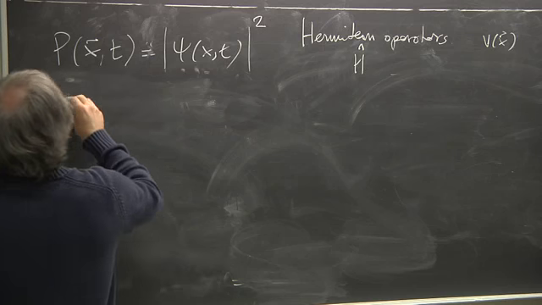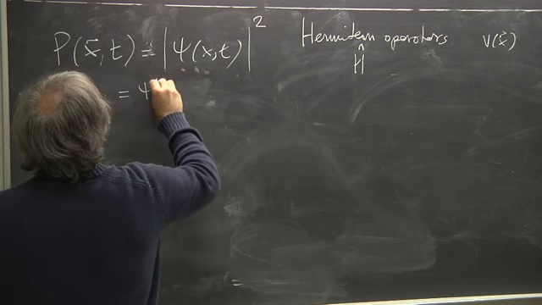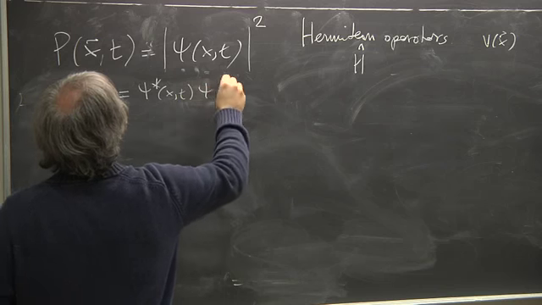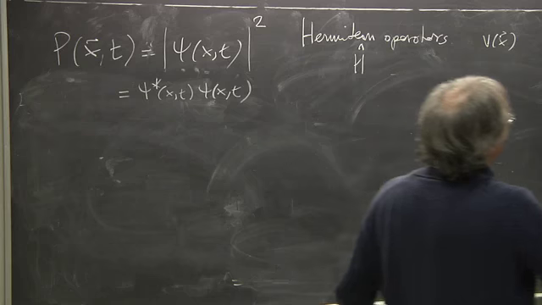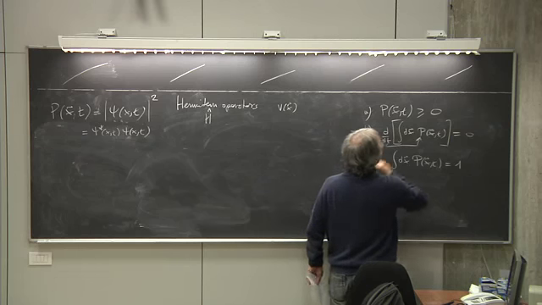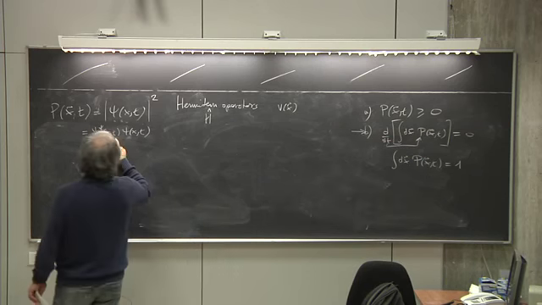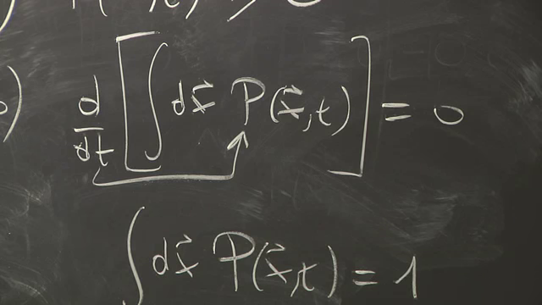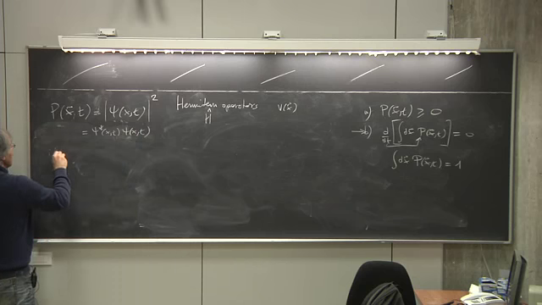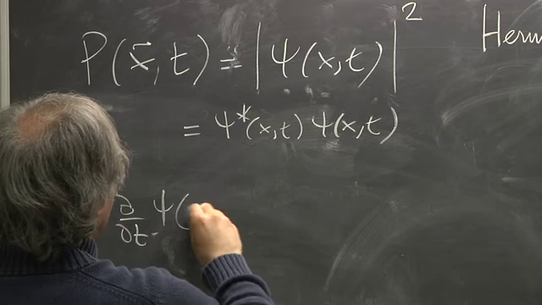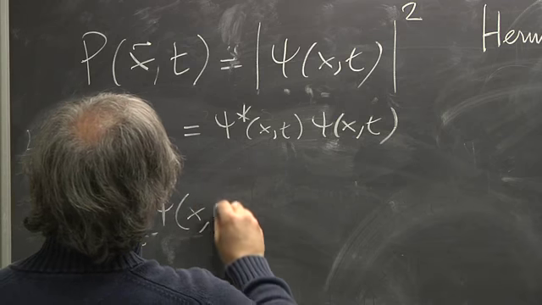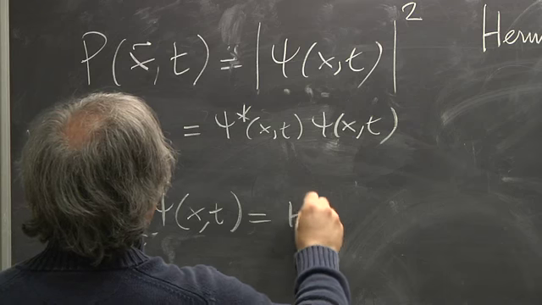Okay, so I have P that is equal to psi star times psi, because it's the modulus square. So when I take the derivative of P, I will have to take derivative of this term and of that term. Okay? Now, I certainly know that i h bar, the derivative, it's often written as a partial derivative, because when I have psi, really, it's a partial derivative, is equal to H psi.